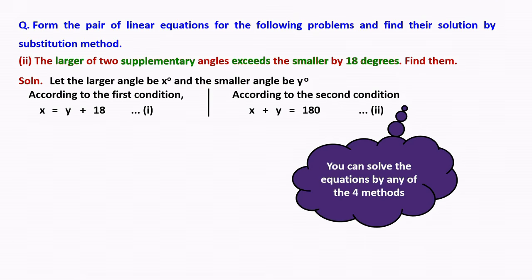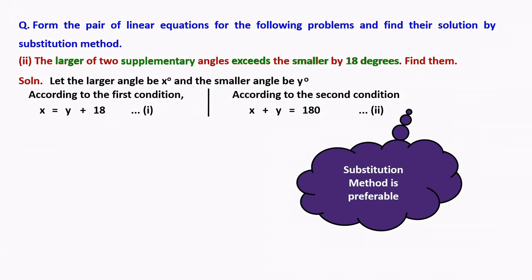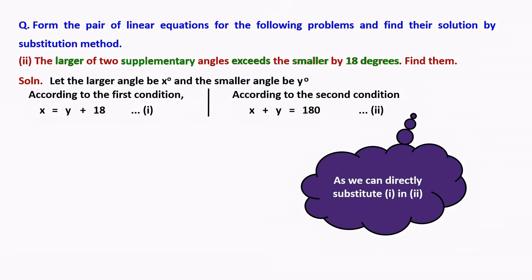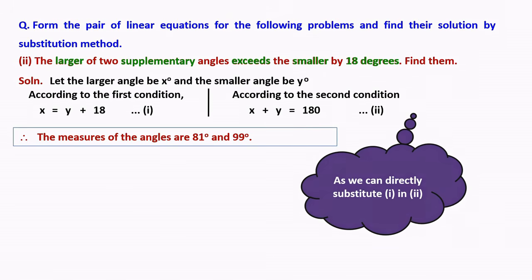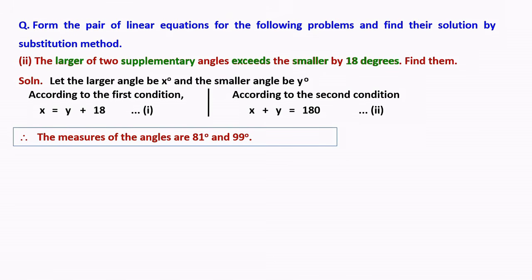Since x is already expressed in terms of y, we will use the substitution method. Substitute the value of x from the first equation into the second equation. So, we get y plus 18 plus y equals 180. This simplifies to 2y plus 18 equals 180.